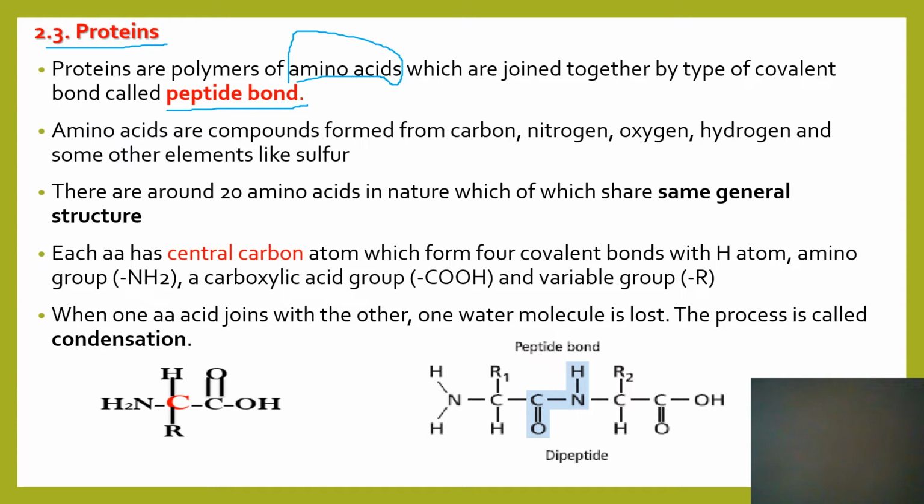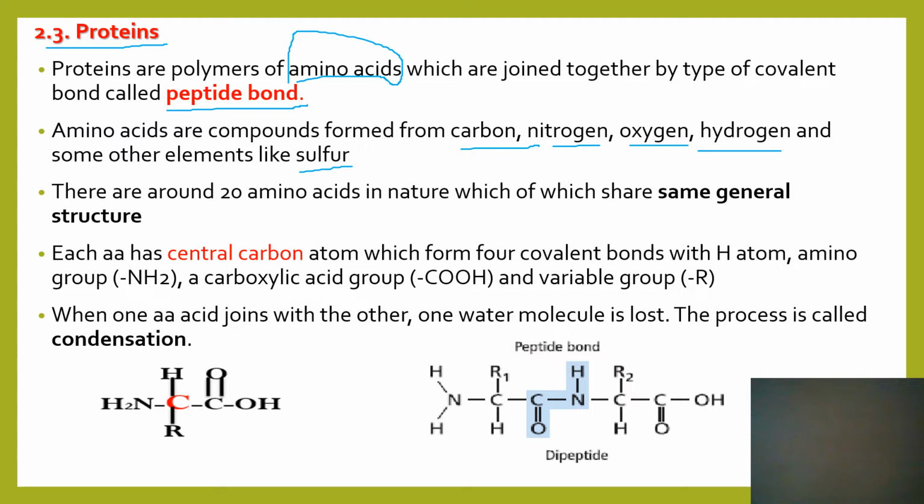Amino acids are compounds which are formed from carbon, nitrogen, oxygen, and hydrogen, meaning all amino acids must have these elements or these atoms. But some amino acids may also have sulfur in the other molecules.